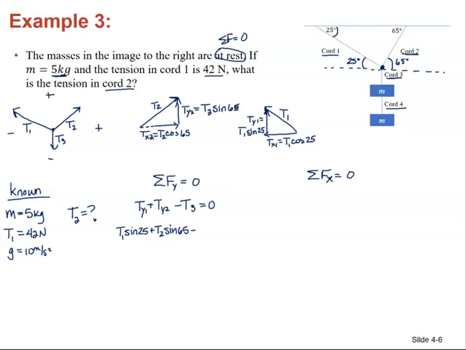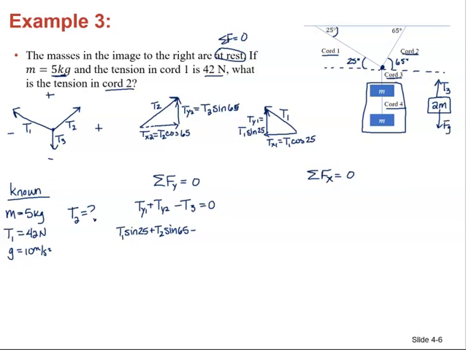Well, a way we can look at this is T3, that chord 3, is holding up these two masses. So I can look at it as if I have a big block that has a mass of 2m that's being held up by chord 3. So there's our T3. Then we have our weight force straight down.